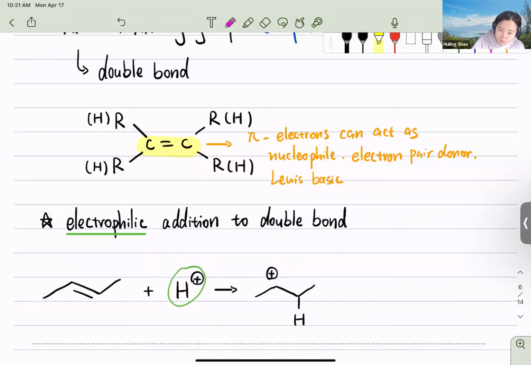So in this reaction, the way to do our arrow pushing is we start from the alkene, because our alkene now is acting as a nucleophile. So the electrons in the alkene, the electrons in the pi bonds, are attacking the electrophilic H+ to form the new CH bond.